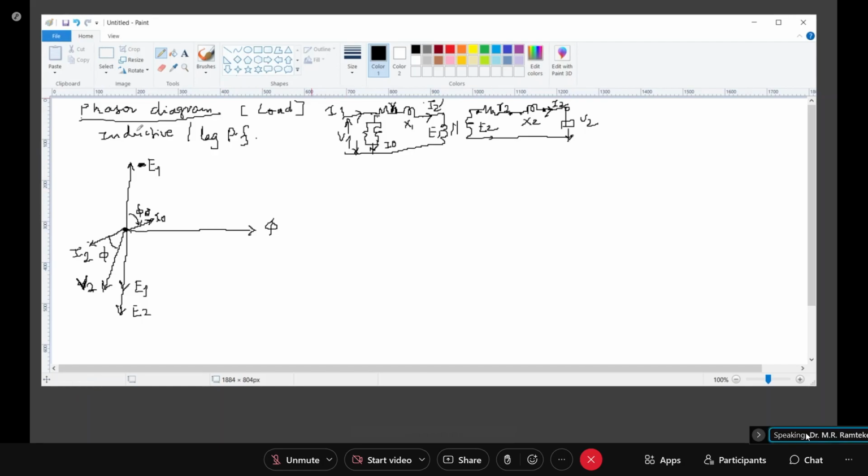So we have to consider the voltage drop across R2 and X2, and we add these drops to the voltage V2 to get E2. When I add V2, the drop across X2 and the drop across R2, I get E2. We started with E2 because it is 90 degrees from the flux position. This is 90 degrees.